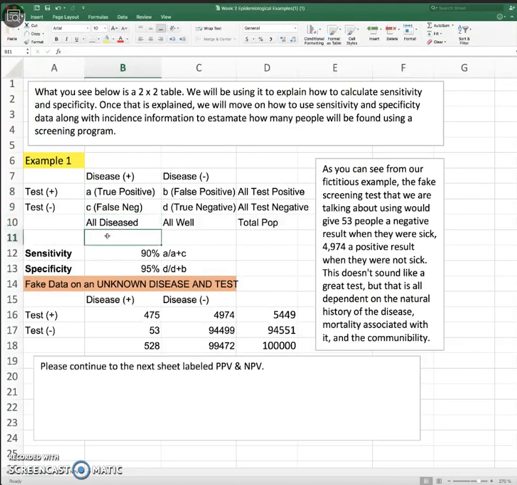Now our all diseased is our prevalence or incidence numerator. So that's everybody that's diseased. All well is the total population minus everybody that's diseased. So this is everybody that's well for that specific disease.